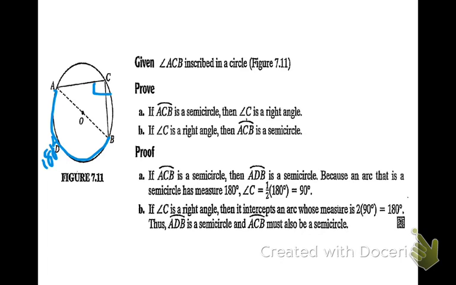Then if we prove it the other way, if C is a right angle, then it intercepts an arc whose measure is twice that, so ADB would be 180. So ADB is a semicircle, and ACB would also be a semicircle. It's the other half of the circle.